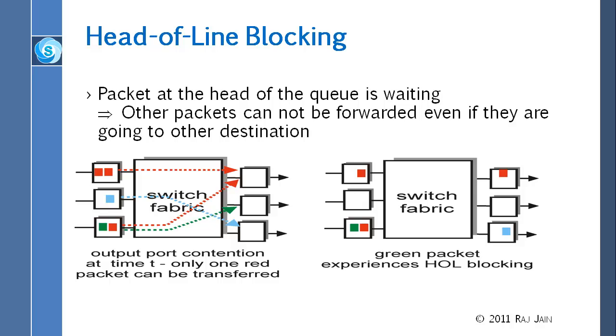Then what happens to the green packet? The green packet has to wait, even though that port is available, because the red is ahead of you. I mean, you have gone to the grocery store queue where somebody has a problem with their credit card, and you are stuck behind them, right? Or somebody has a problem with the product that they just bought, and you are stuck behind them. So that is called head of line blocking.